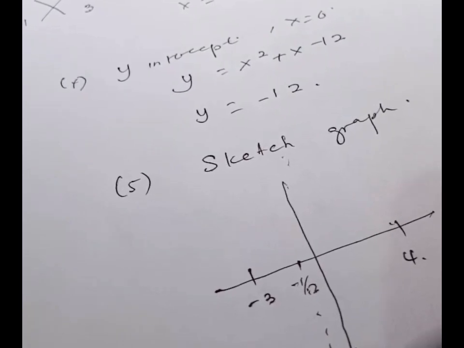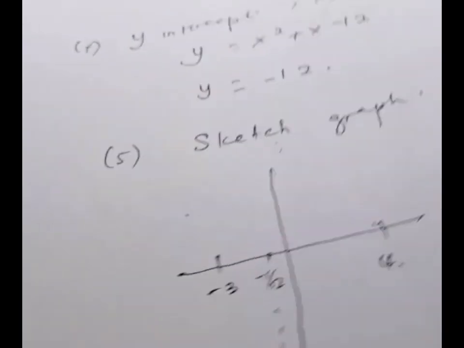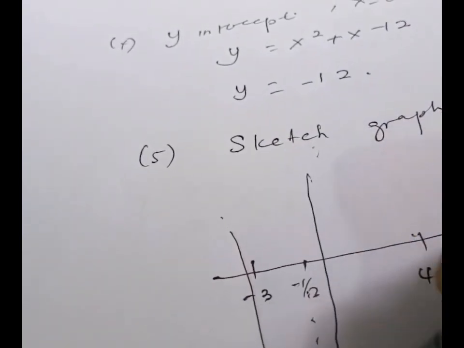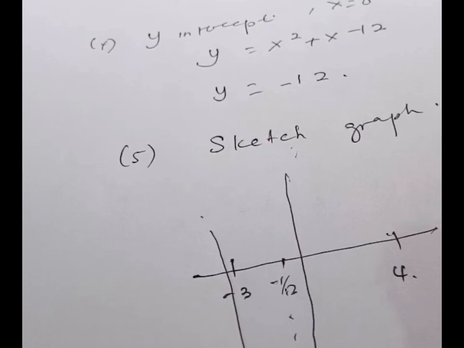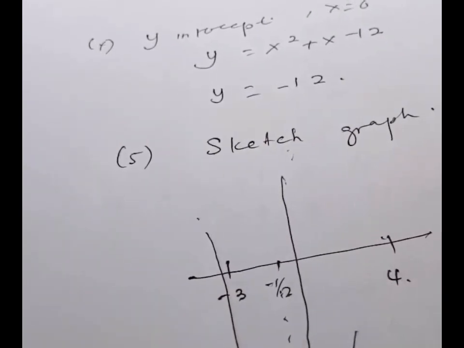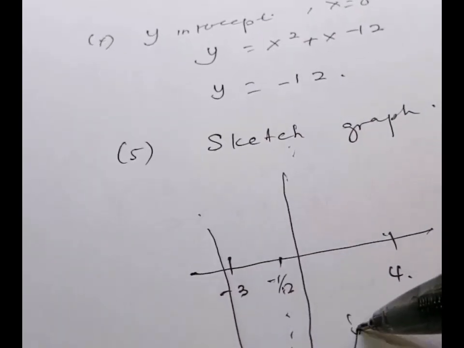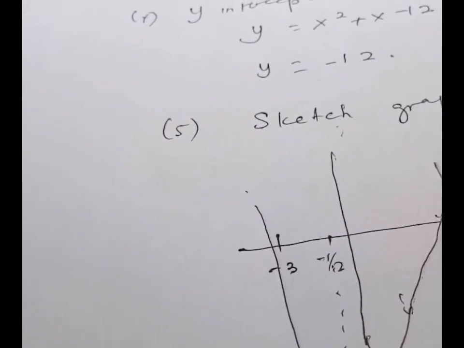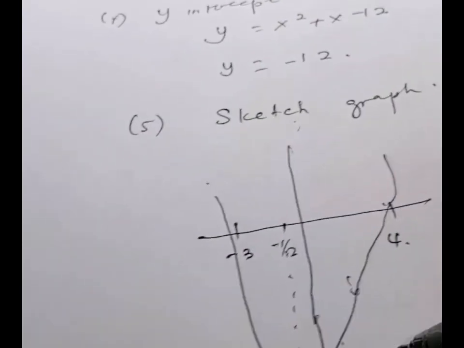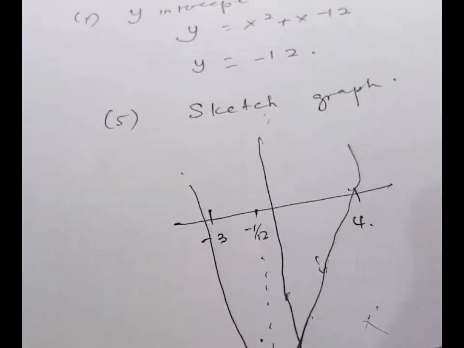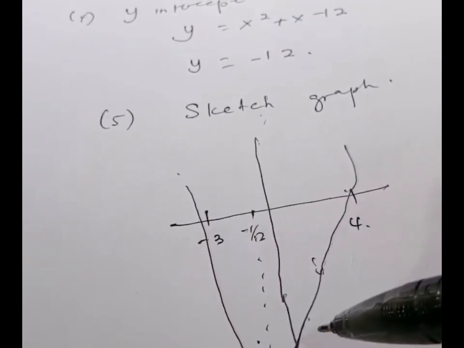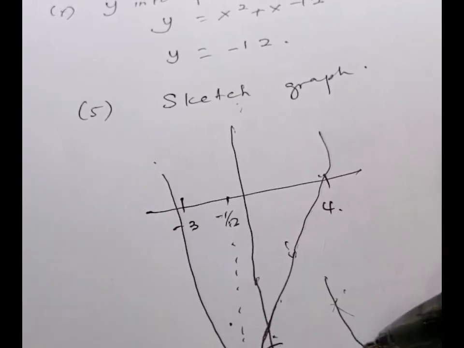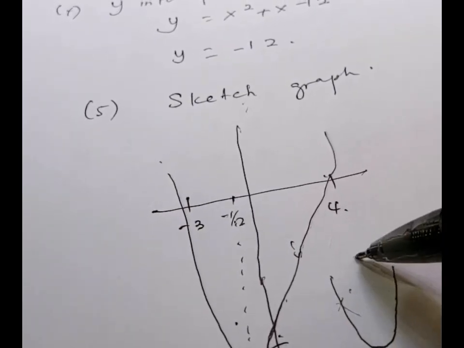Having all this, we connect all the points. This is the vertex, and these are the intercepts. It should be curved here. Try to fix it so that with a proper scale you get a proper quadratic shape like this, and it should be symmetrical at the vertex.